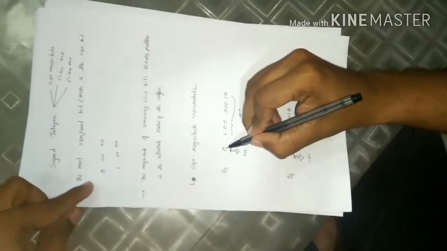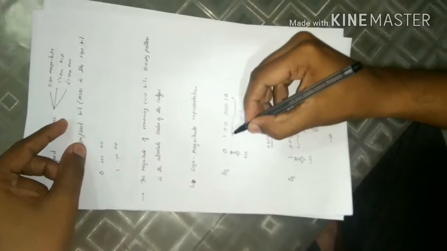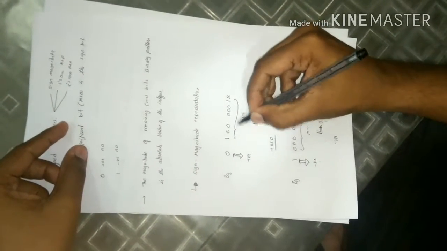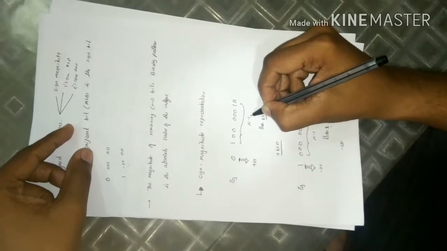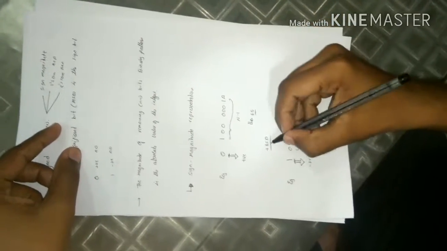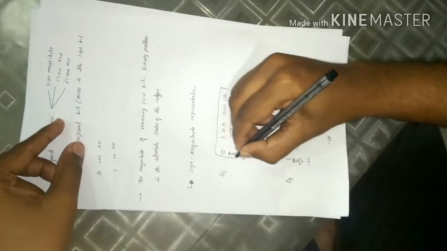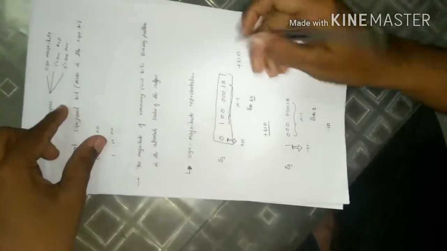As it is 0, it represents a positive number, and the remaining n minus 1 digits represent the magnitude of the integer, which is 65. So the value of this number is plus 65.